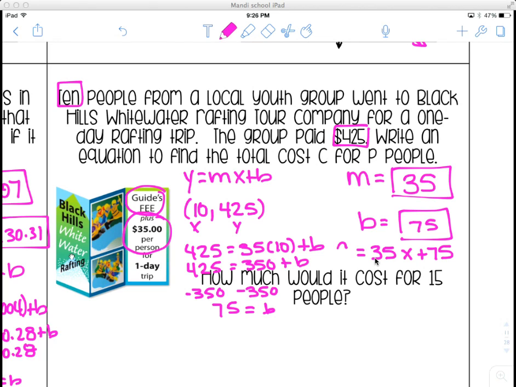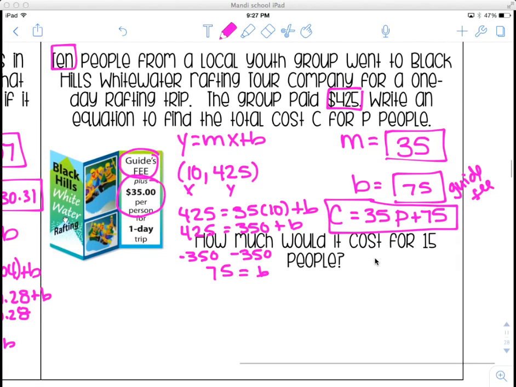So the cost is $35 per person plus the $75 guide fee. So this is our guide fee, our y-intercept. Now the last question is asking how much would it cost for 15 people. So now we have our equation.